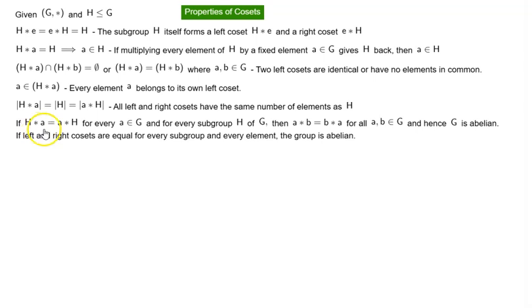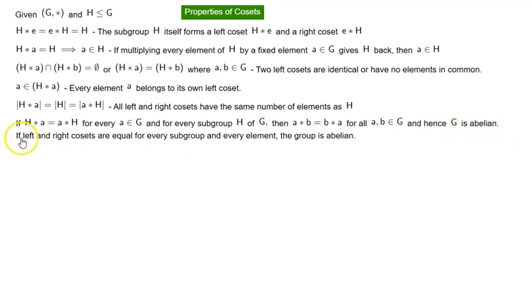If H times A is equal to A times H, that is, the left and right cosets are equal for every A in G and for every subgroup H of G, then A times B is equal to B times A for all A, B in G, which means G is abelian.